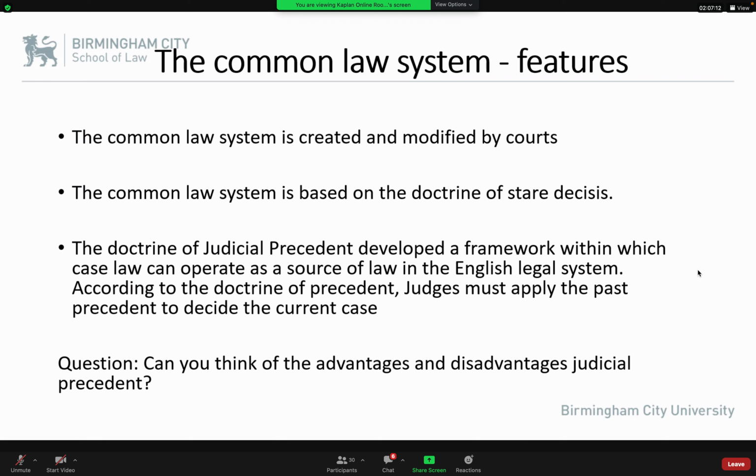This doctrine of precedent now is very, very important. Why is this important?